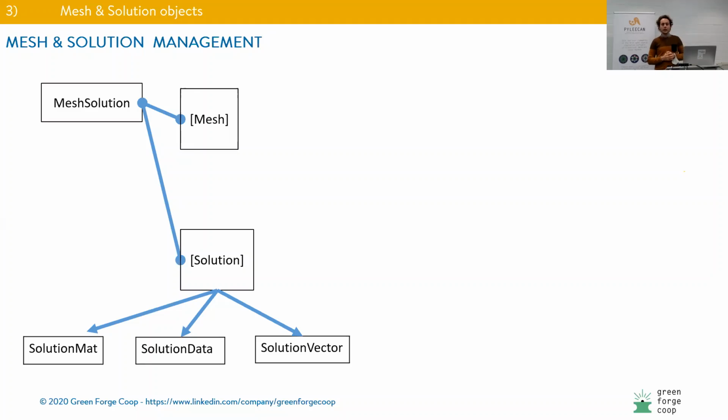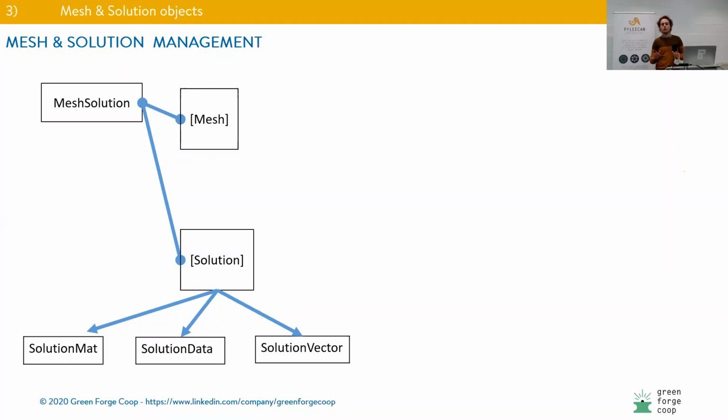To be more specific on solution objects, today a solution object can be defined with three different types of classes: SolutionMat, SolutionData, and SolutionVector. SolutionData and SolutionVector are related to SciDataTool. In fact, it's just a way to store SciDataTool objects, as Hélène just talked about.